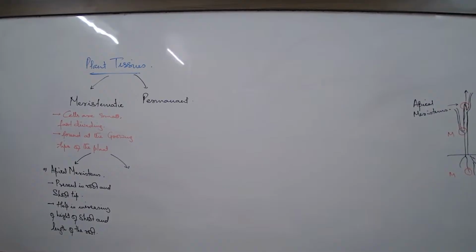Whenever you have planted a small sapling, did you ever observe that it grows tall? Which type of cells are involved in increasing the height? Apical meristems. So apical meristems are making the plant and the shoot tall. Below the soil, which type of tissue is increasing the root system spread? Apical meristems again. Apical meristems help in increasing the length of the roots.